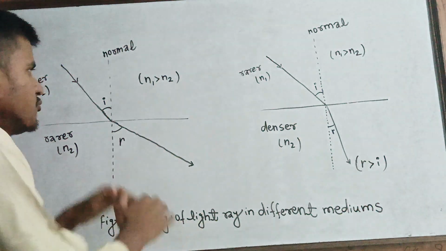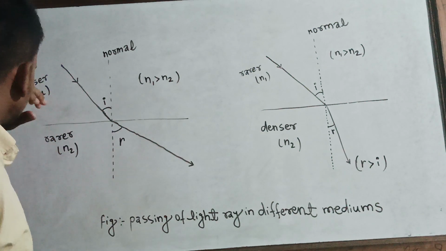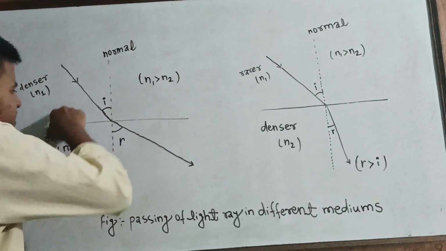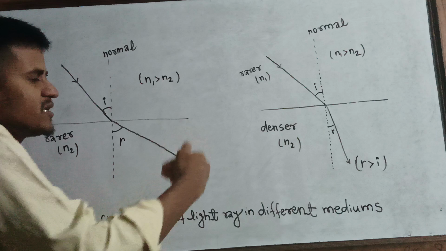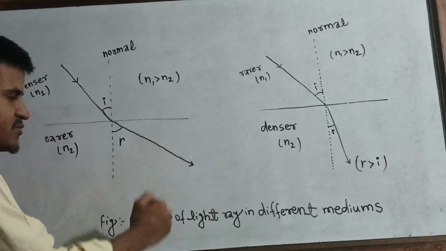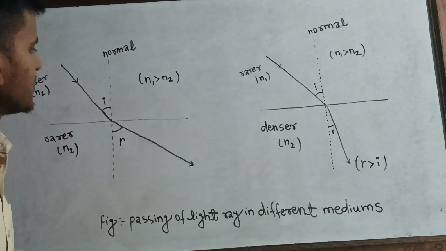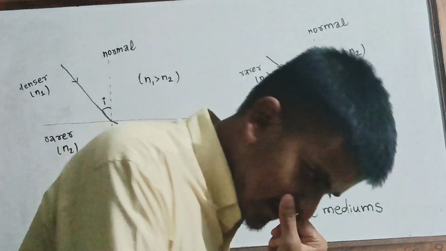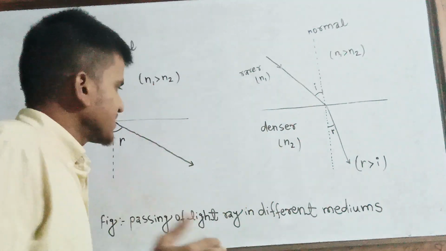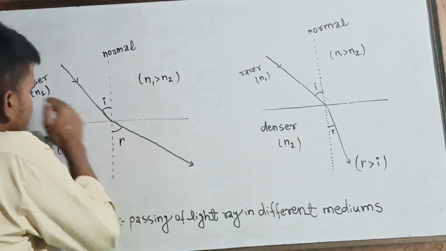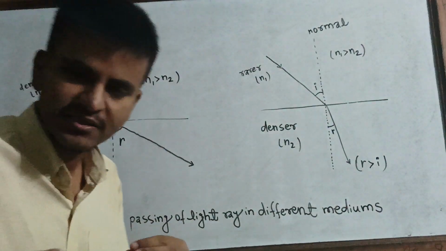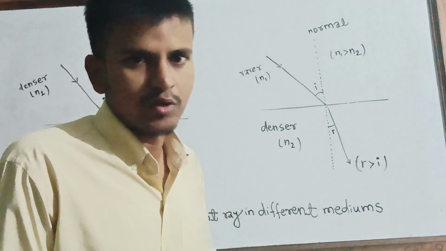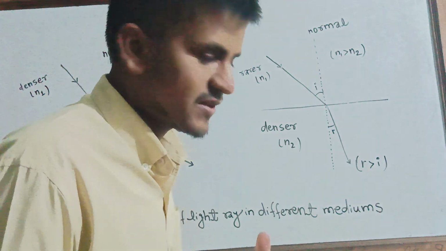It is basically when a ray of light passes from one medium to another and it changes its speed, so deviation happens. Because of this deviation, the real and apparent depth are seen. We will never see the real depth, we will see the apparent depth. The bending phenomenon comes from that only.